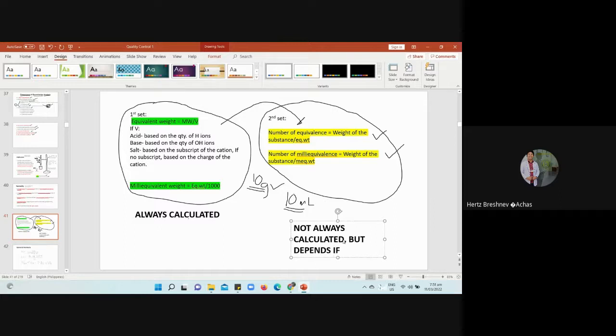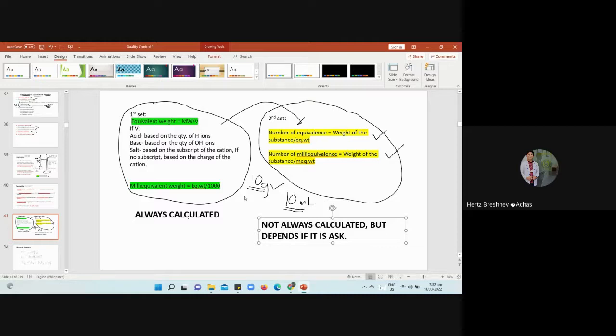If the exam instruction says to calculate the number of milliequivalents or calculate the number of equivalents, then you do it. So it is not always calculated, but depends on whether it is asked. So those are the two sets of formula.